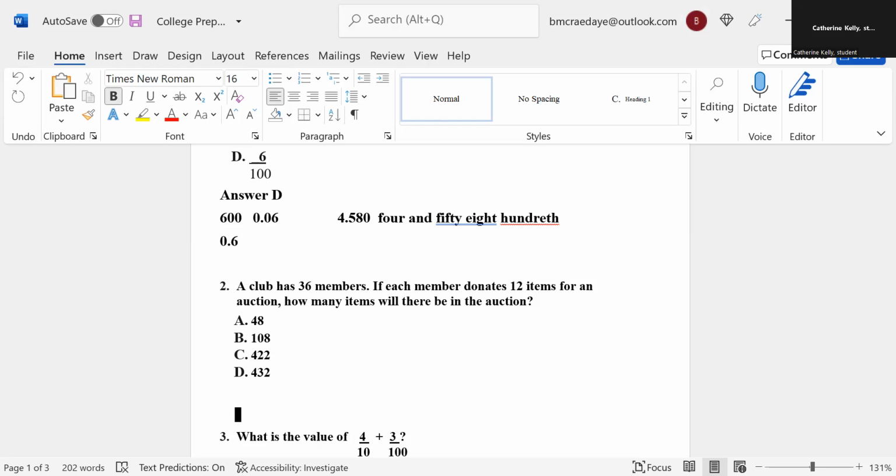So how would you calculate it? You added it all together? Add what? 12 and 36 and 12? Or read it again. If a club has 36 members and each member donates.